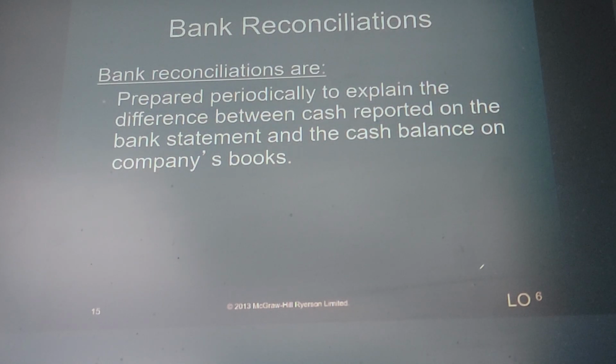And at the end of each month, right, you have a bank statement. What does the bank statement show? What do you have in the bank? You have cash, right? So the bank statement is supposed to show you also the balance of cash.